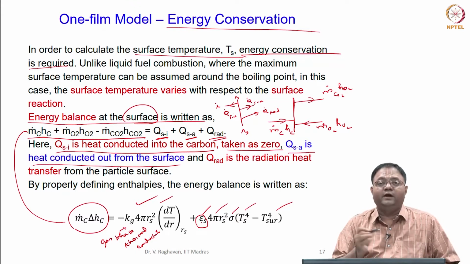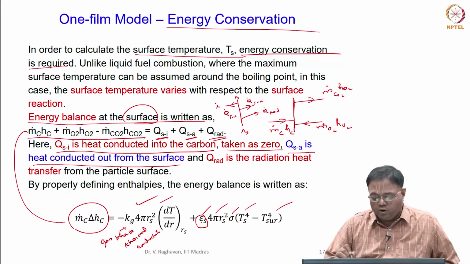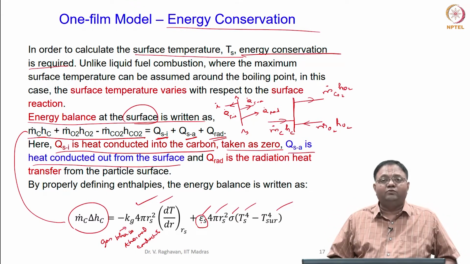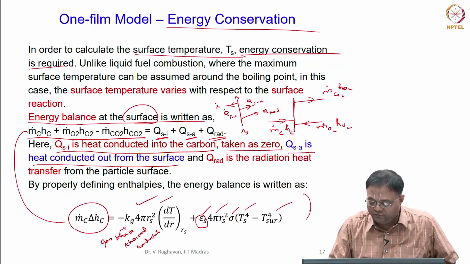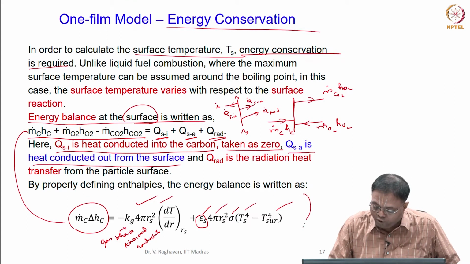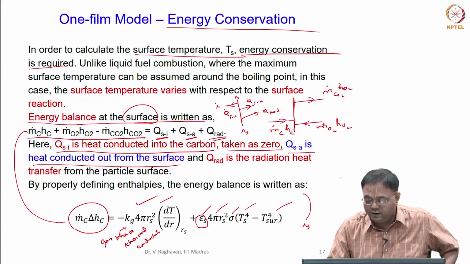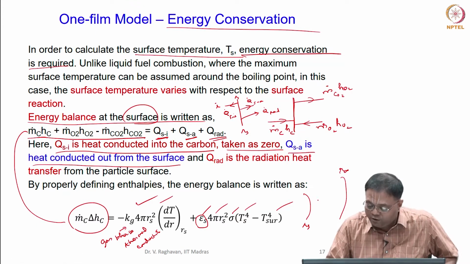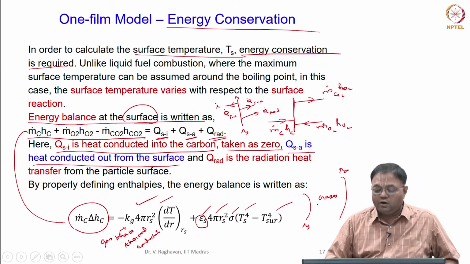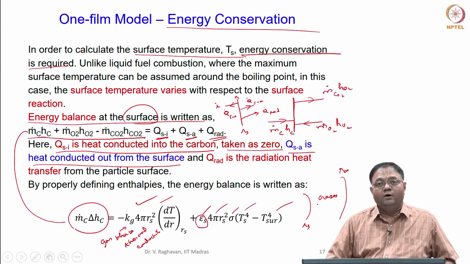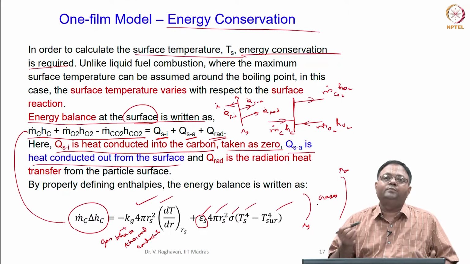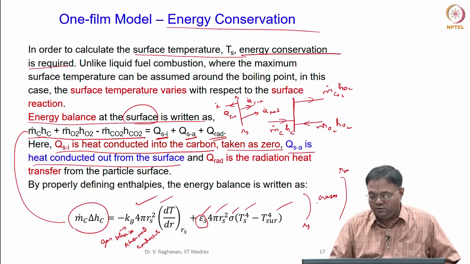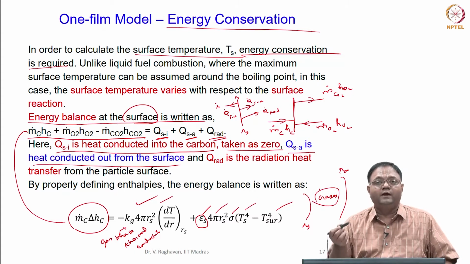This emissivity will not change. One more thing here is that it is not occurring in vacuum. Please understand there is a surface Rs, and there is a surrounding, R infinity, let us take. There are several gases present here, but we neglect the participating media, these gases, which will actually affect the radiation.